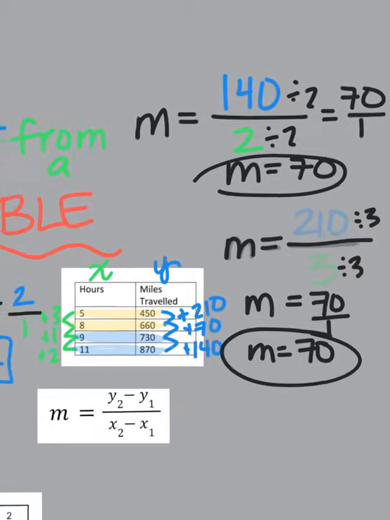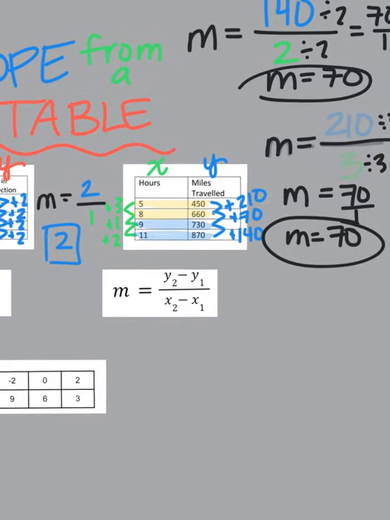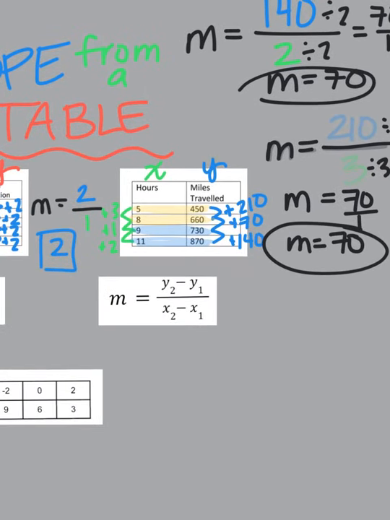If I wanted to, I can check using the slope formula. So let's check real quick just to make sure. All right, I erased everything from our table so it's a little easier to see again. So y2, we're gonna make this one our y2 because that's a y value.